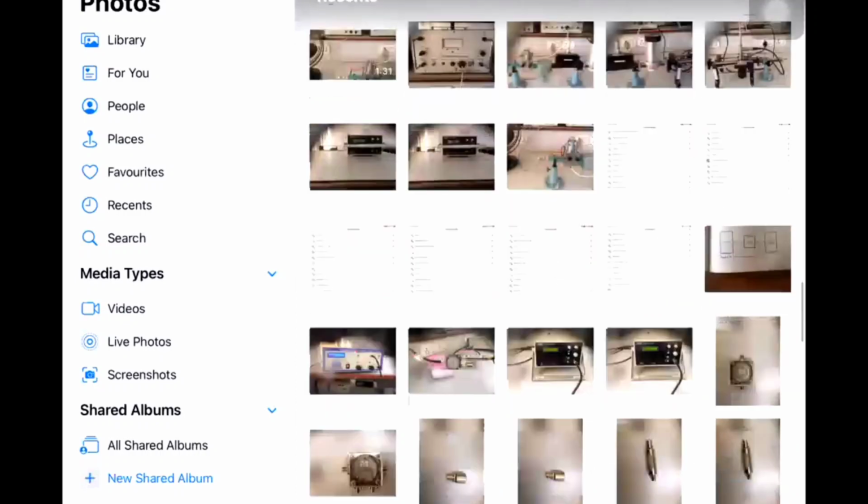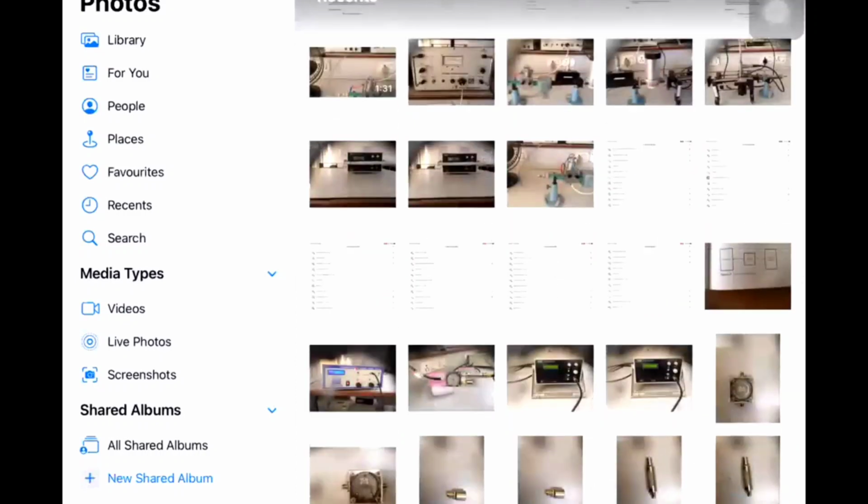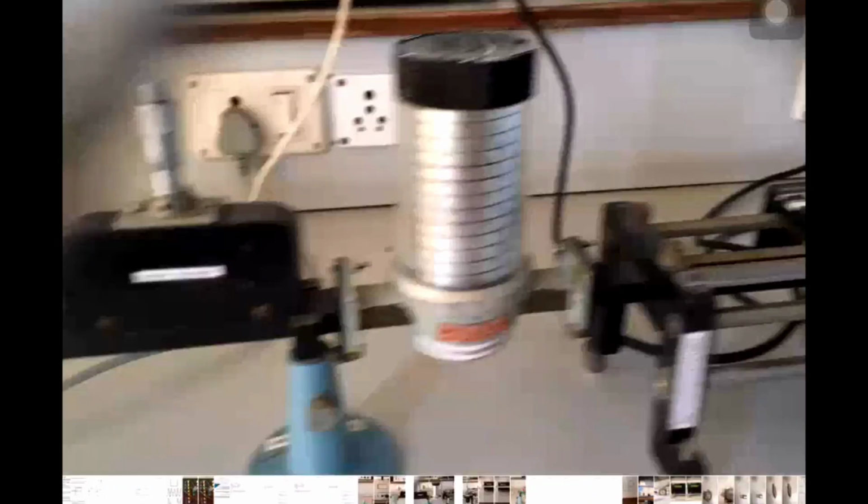So let me just show you the same. This is what we call a microwave test bench.